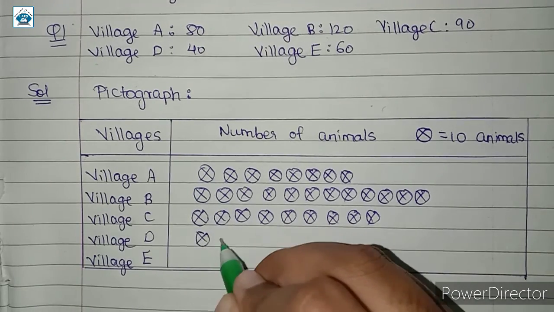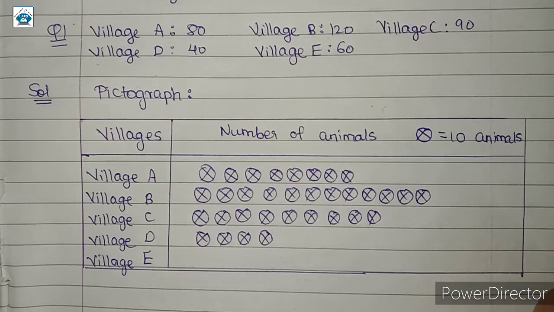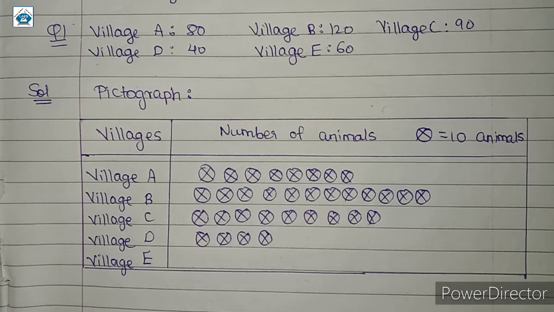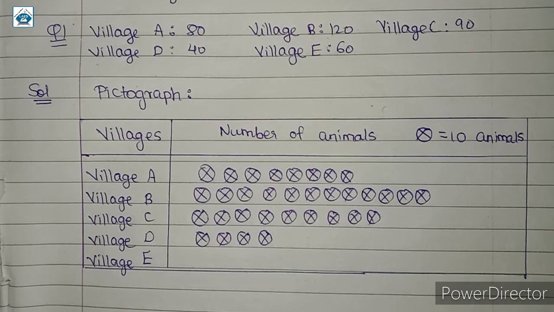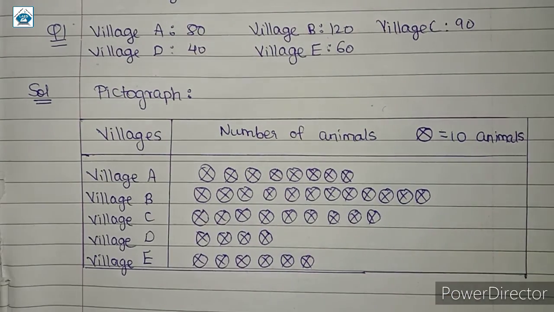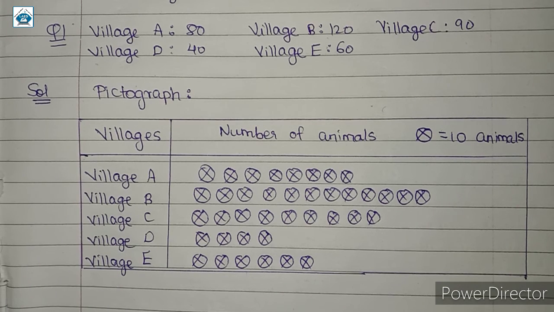So we will be drawing 1, 2, 3 and 4 symbols. And lastly, for village E, we will draw 6 symbols as discussed in the question because 6 symbols represent 60 animals. So in this way, we can draw the pictograph that represents the given data.